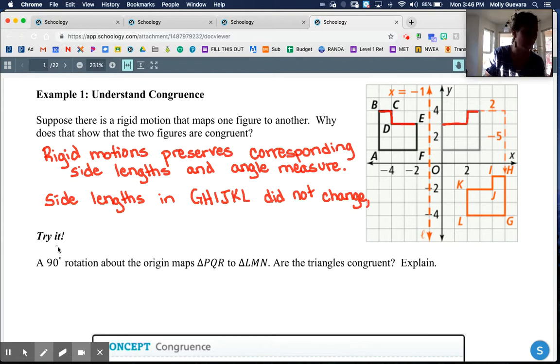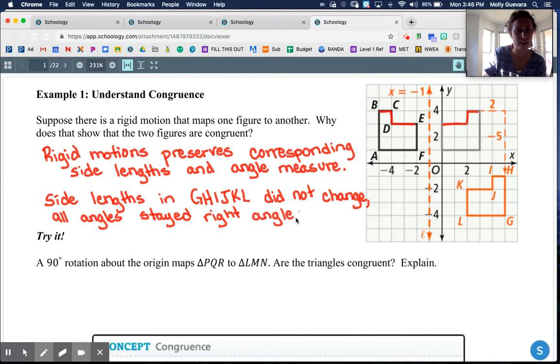Not only are the side lengths the same, all my angles stayed right angles. They were currently right angles, and then they stayed right angles. So the angle measures did not change. So the side lengths did not change, and the angle measures did not change. Therefore, they are congruent.